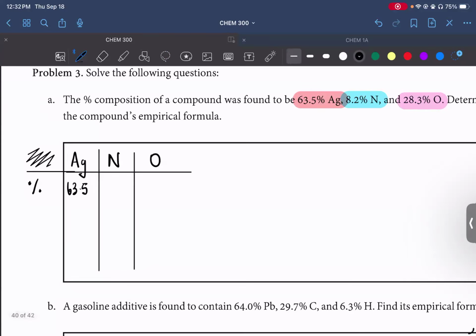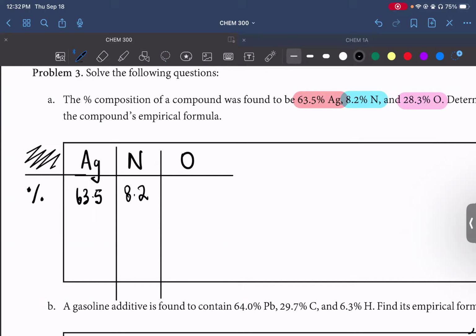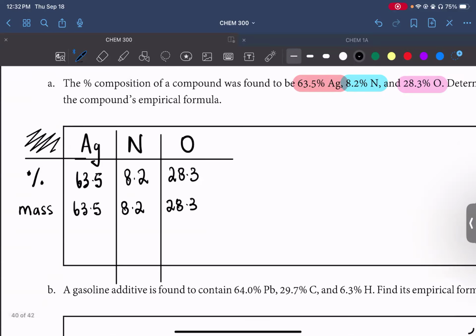Actually, this is getting really cramped, let me make it a little bit bigger. Nitrogen is 8.2, and oxygen is 28.3. Of course, we notice that the percentages do add up to 100. So we can quickly say the mass is 63.5, 8.2, and then 28.3.